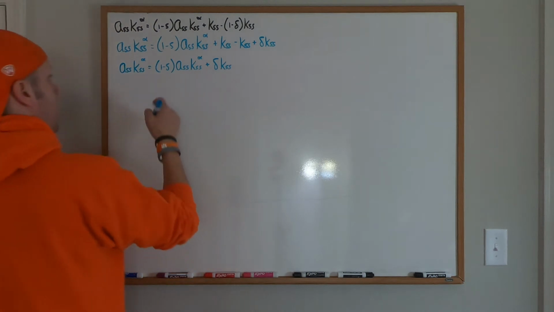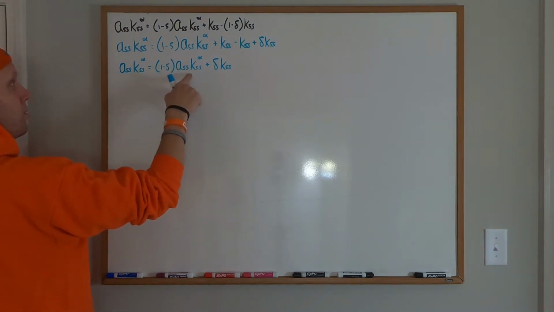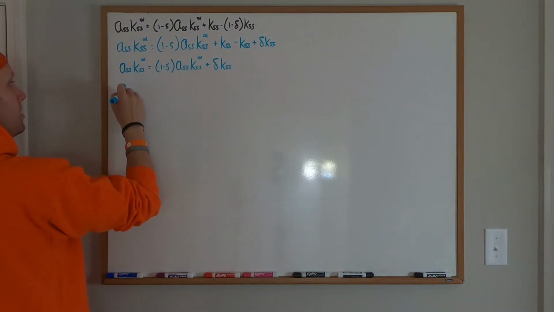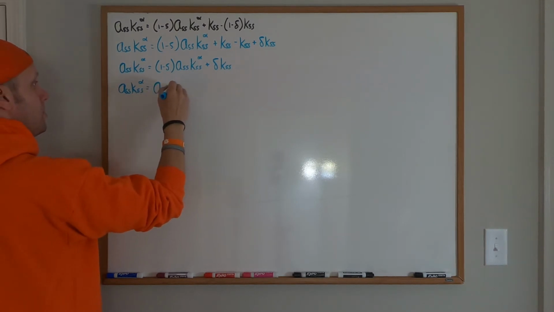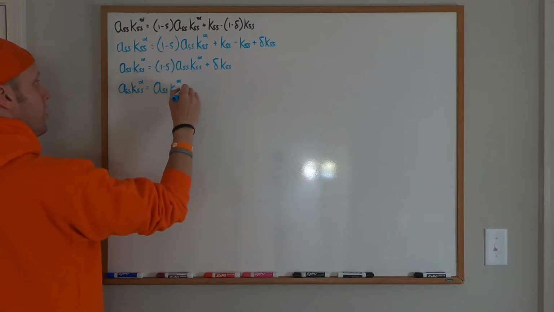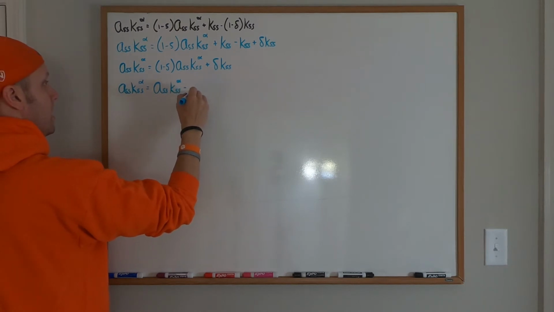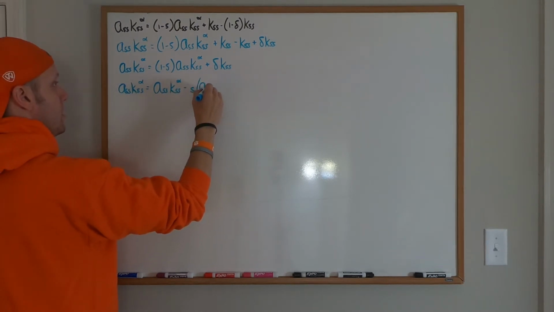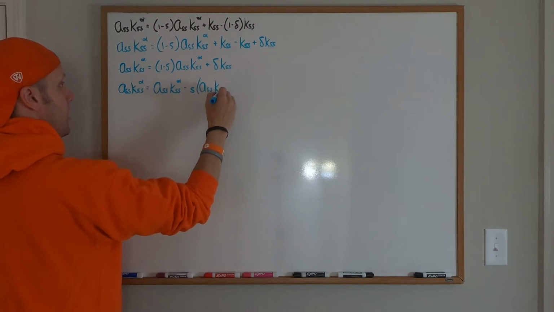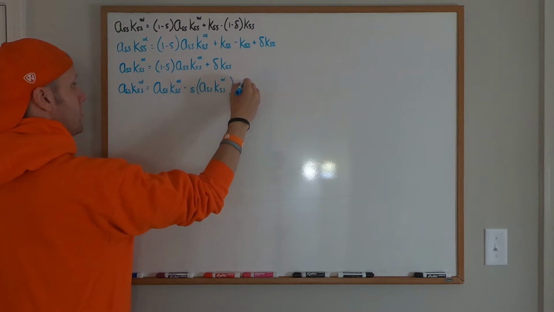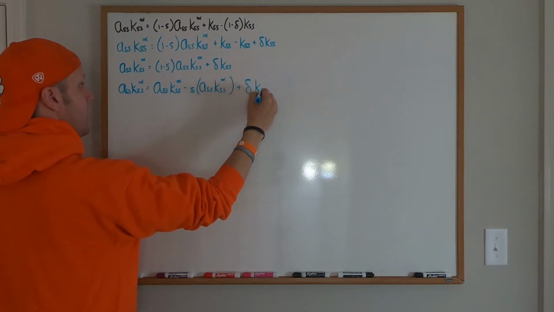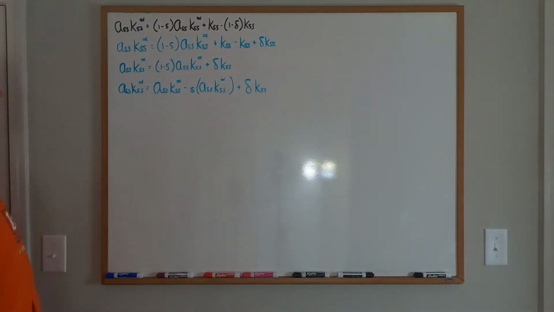Now, I'm going to go ahead and expand what's going on in here. Again, the left-hand side of the equation remains the same. I'm going to get ASS times KSS to the alpha minus S times ASS times KSS to the power of alpha plus delta times KSS, like that.